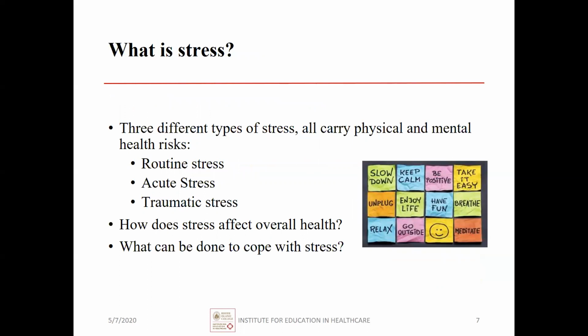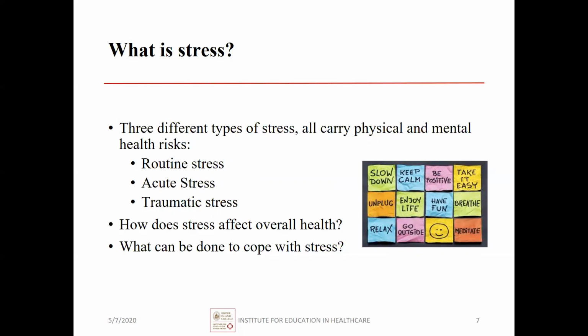Things that counter wellness include things like stress, and stress can be very all-encompassing. On this slide, we see 3 different types of stress, all with the potential to both physically and mentally impact our health. We look at routine stress. These are day-to-day stressors that confront our lives and that we have to navigate, and that can tire us out, wear us down because they go on long term.